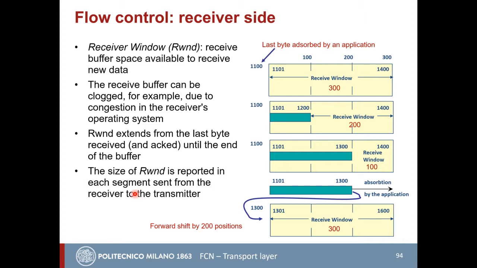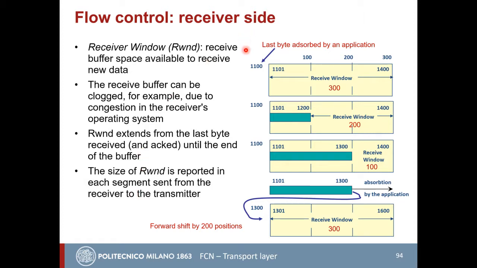But here, in this example, we are displaying what happens when we have a connection that is being set up. And this slide represents the receiver side. The next slide represents the sender side. Okay.